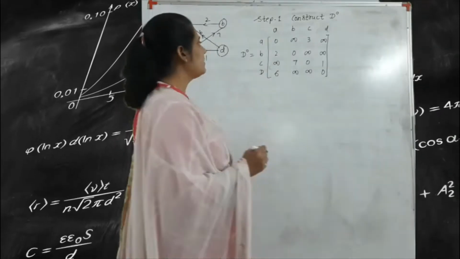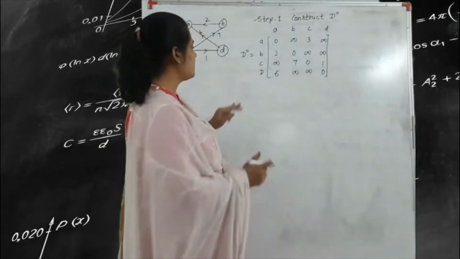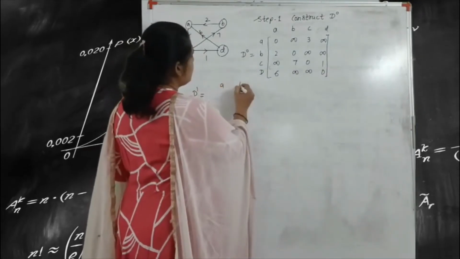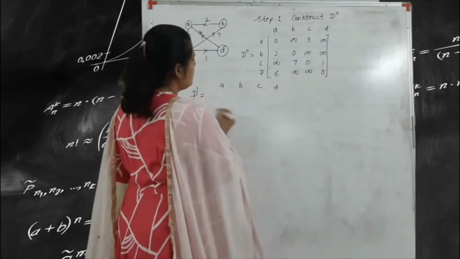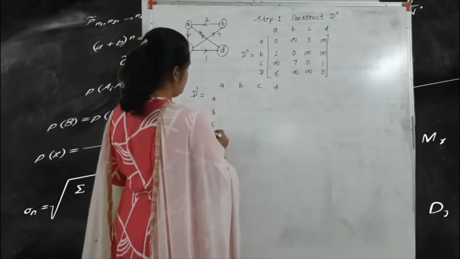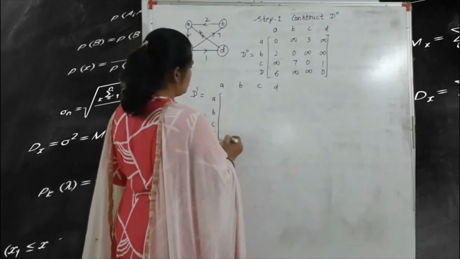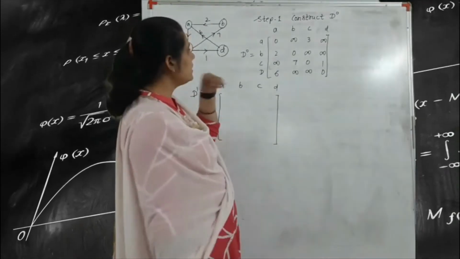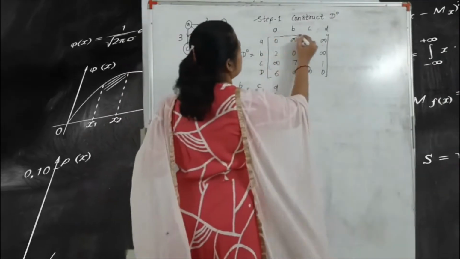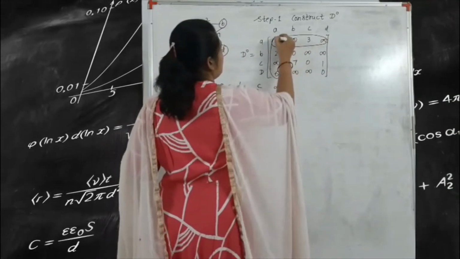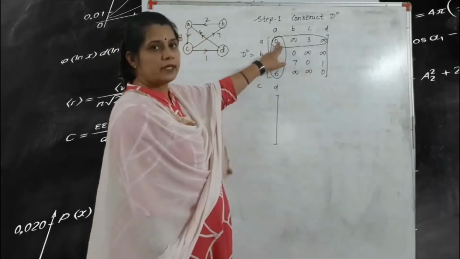Next we find the D1 with the help of this D0. For finding the D1, first you write A, B, C, D and here A, B, C, D. This is the method of the Warshall algorithm. First you highlight the first row and first column, and you copy them as they are.